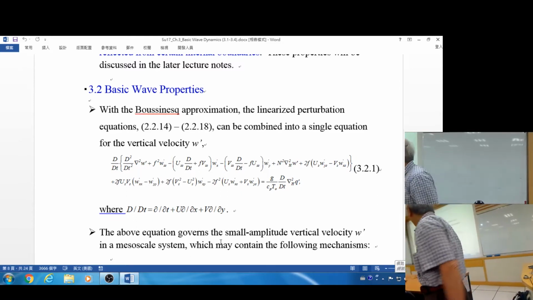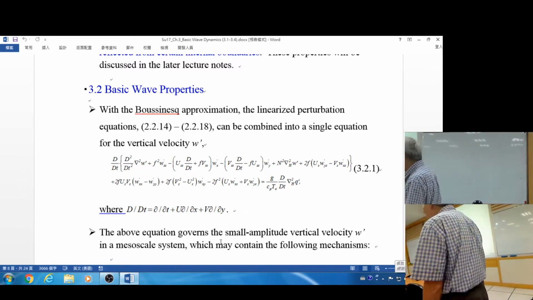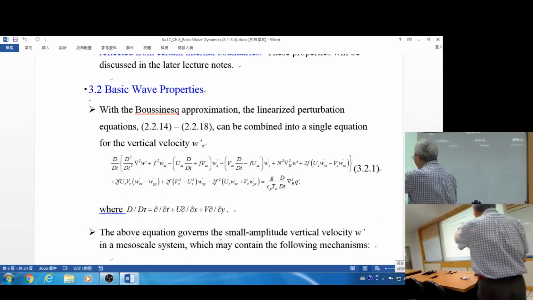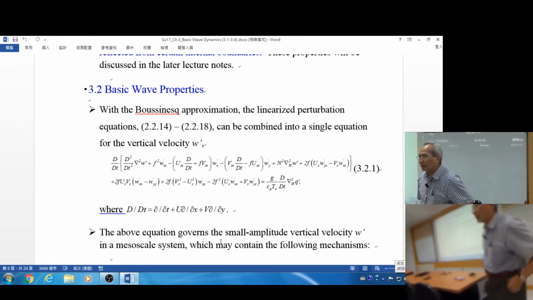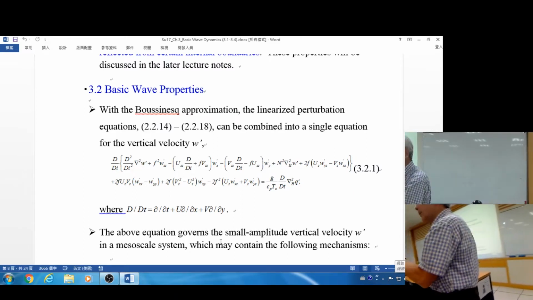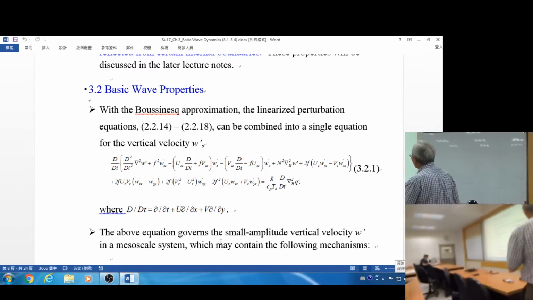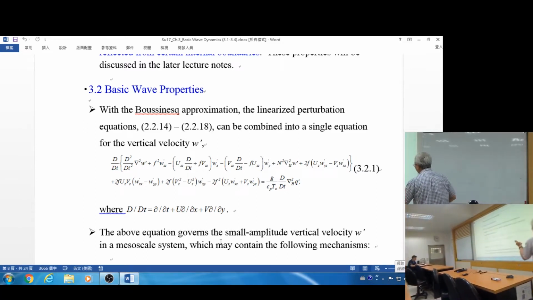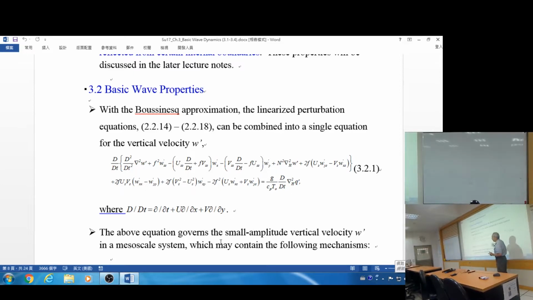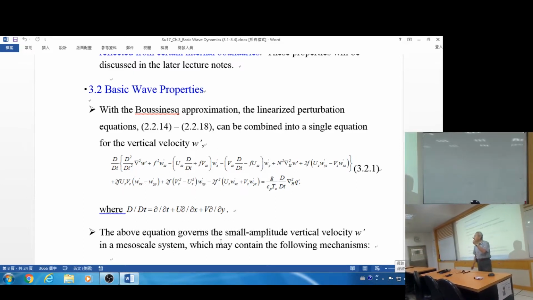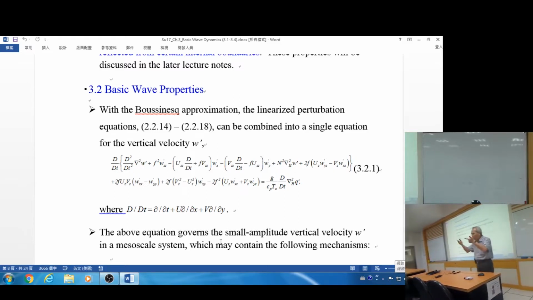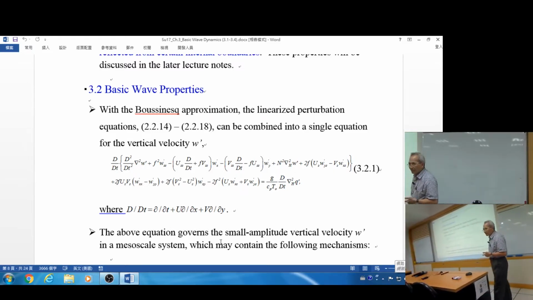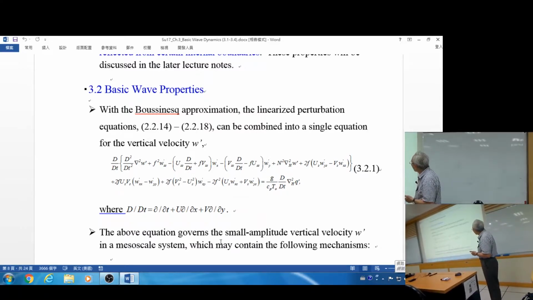Inertial wave. Why inertial wave? F. Very good. And how about the other waves? Gravity waves. Why? Because of N squared. Good. How about other types? Do we have sound waves?